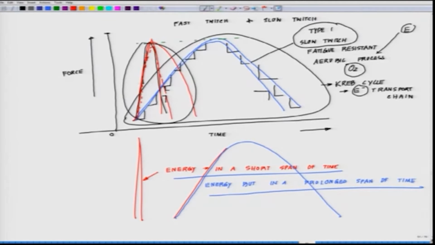Contrary to it, these are called type 2 fibers, which are fast twitch.